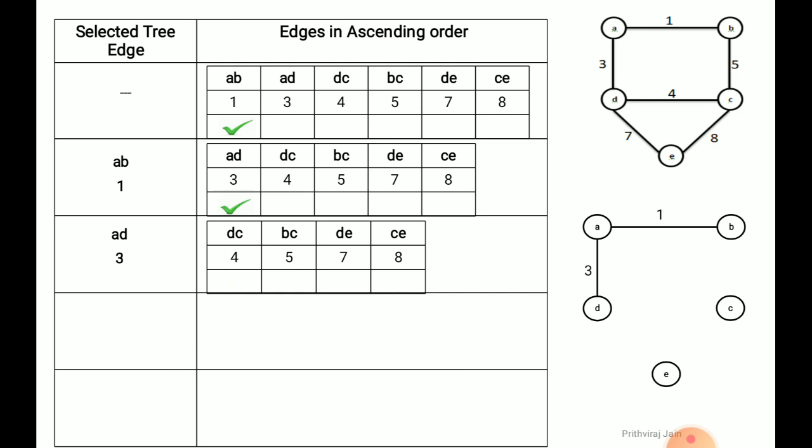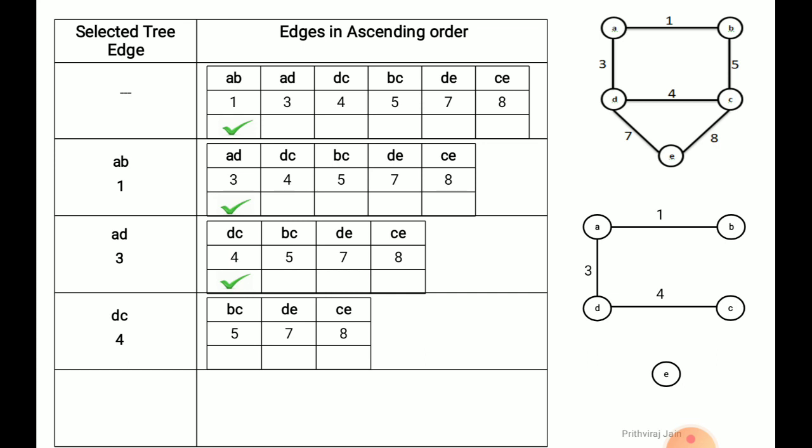In the next iteration the edge with the minimum cost is DC. It will not form any cycle, so we can select DC. So DC is our next selected edge.